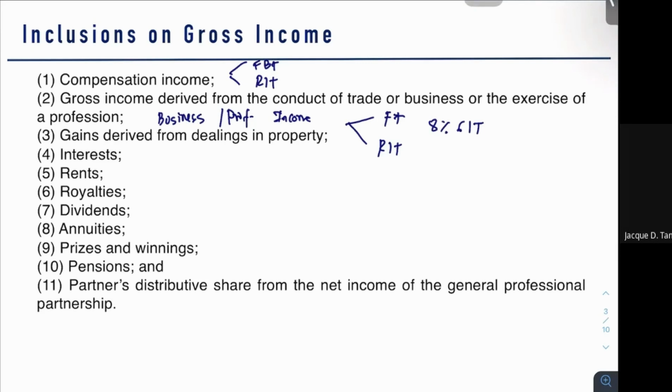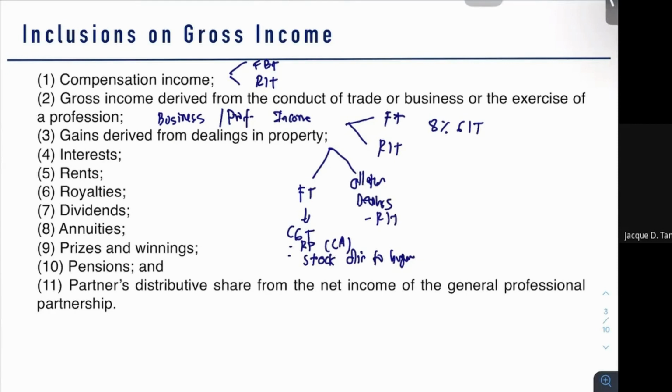Also, we discussed your gains and dealings from property. You already know the items subject to final tax, the CGT, and there are only two items subject to CGT: the sale of real property considered as a capital asset, and the sale of stock directly to a buyer. All other dealings are subject to RIT.